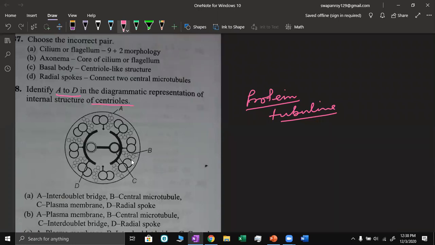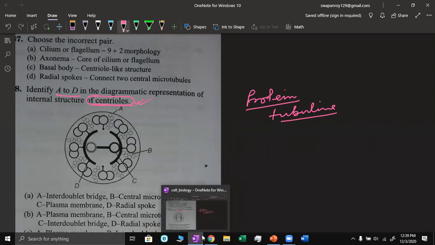Cilia and flagella, this one here. I don't know how they print this question, that's why it creates a problem. These are from some book. See here, I will show you, do you have your book with you right now?